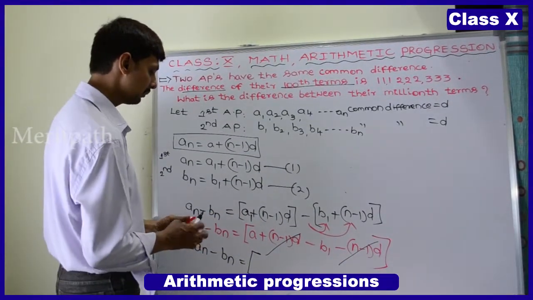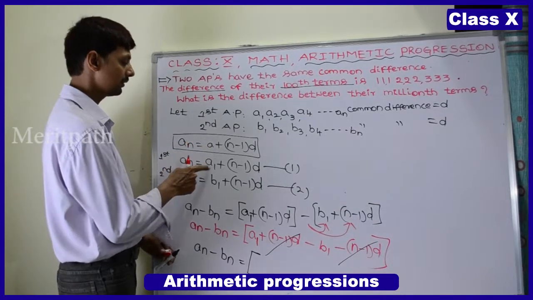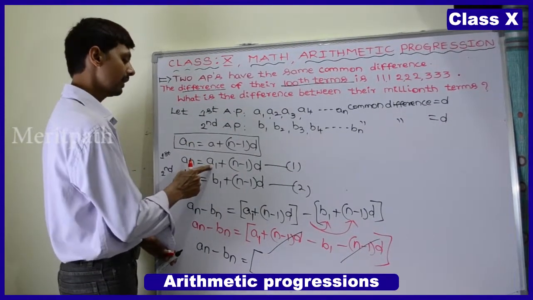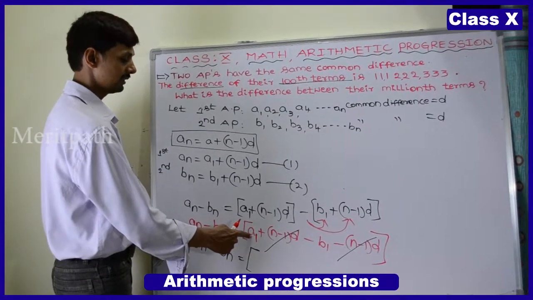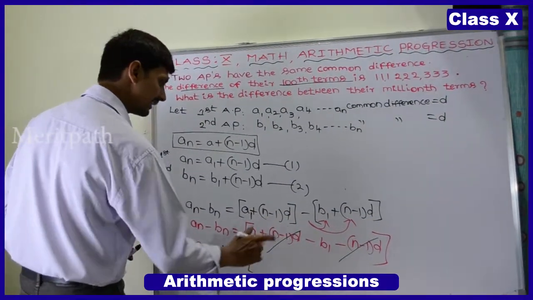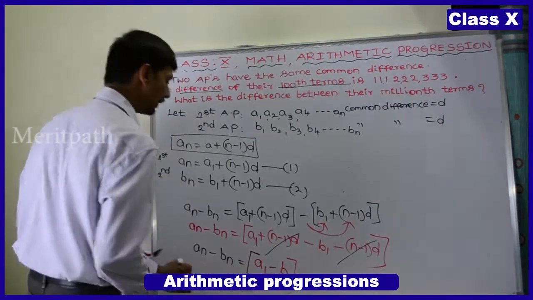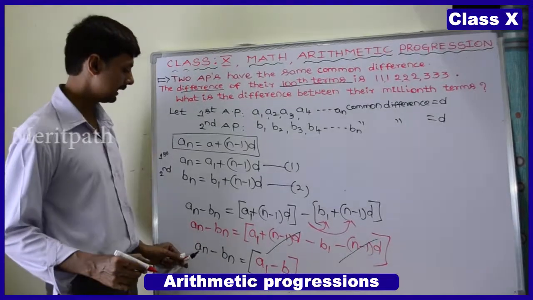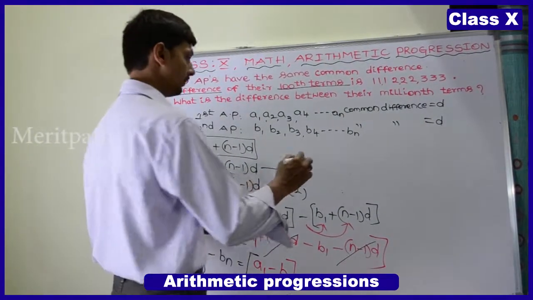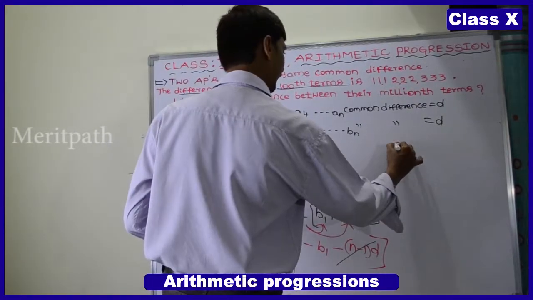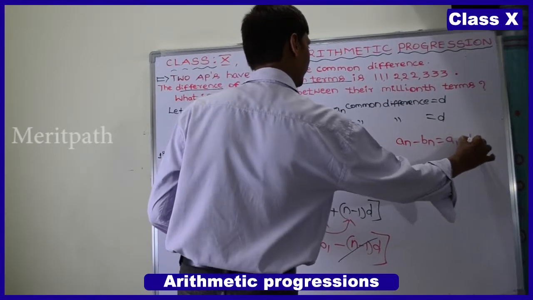So after cancellation we will be getting a1 minus b1. There are two terms left out: an minus bn is equal to a1 minus b1.